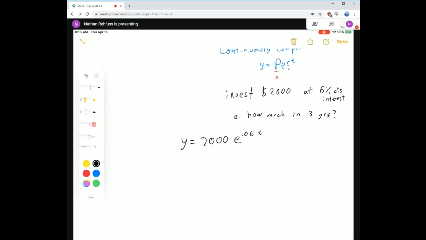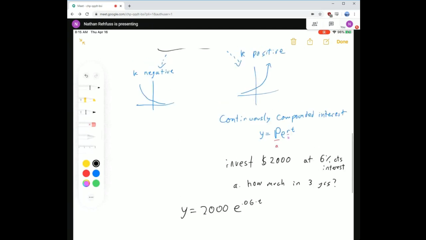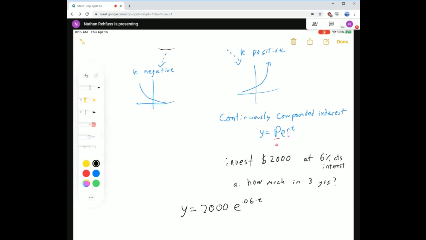And I want to point out something here before we go any further. This y equals a e to the k t. If I have y equals a e to the k t, and I plug in t equals 0, we call this the initial time. This is this time right here on the axis before anything has happened.